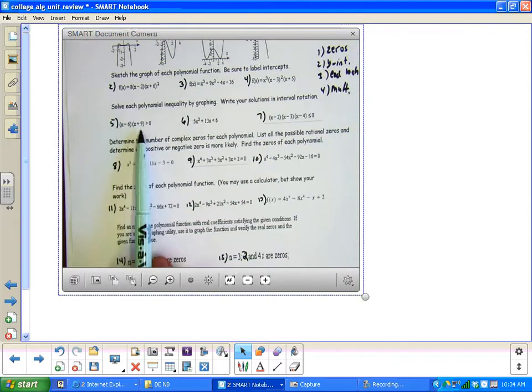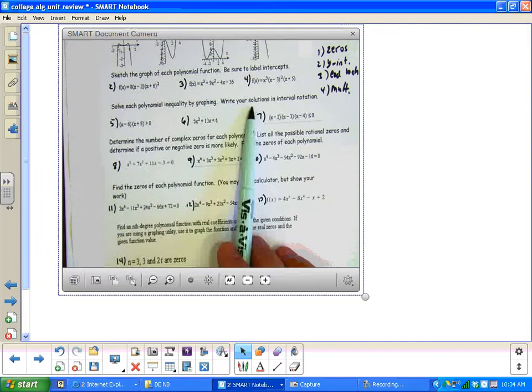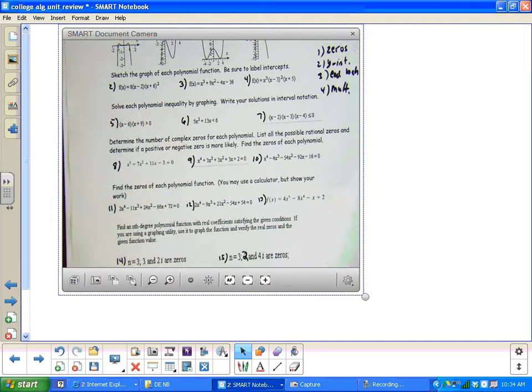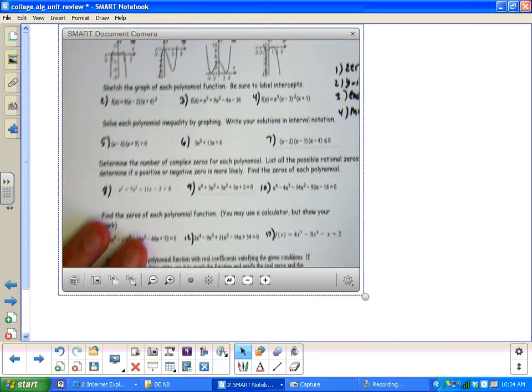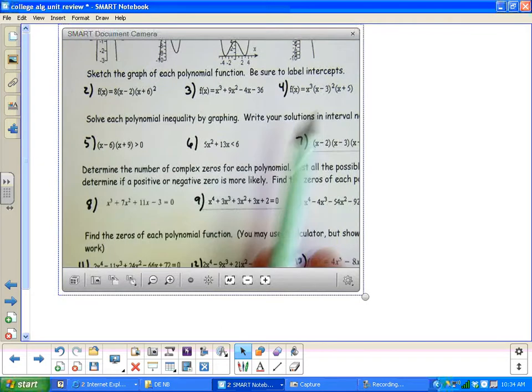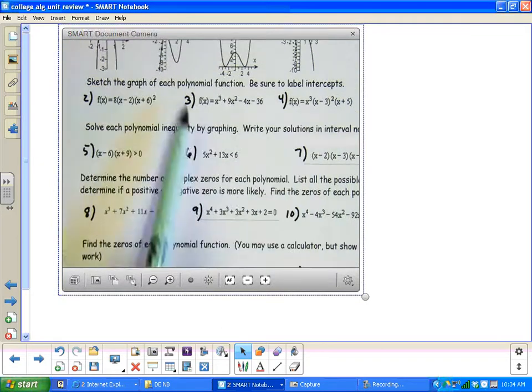So we're going to graph it. Now, how are we going to tell what the solutions in interval notation are? And keep in mind what it says there on number 5 is that we're looking for where it is greater than 0. So it's where the graph would be above the x-axis.